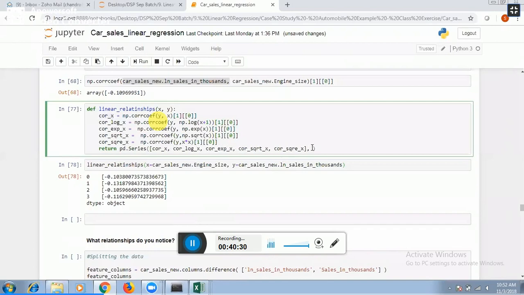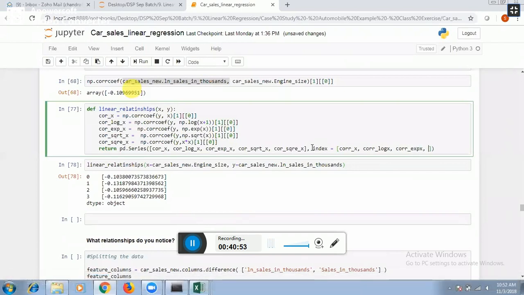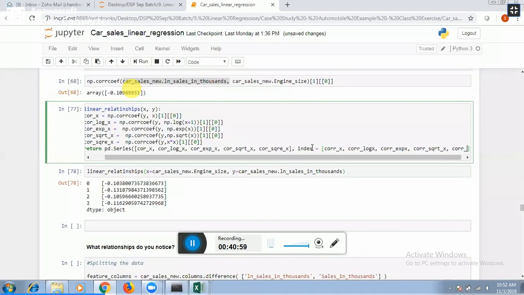How will you give the index? Index equal to, I can give the list of names: correlation with X, correlation with log X, correlation with exponential X, correlation with square root of X, and the correlation with square of X.